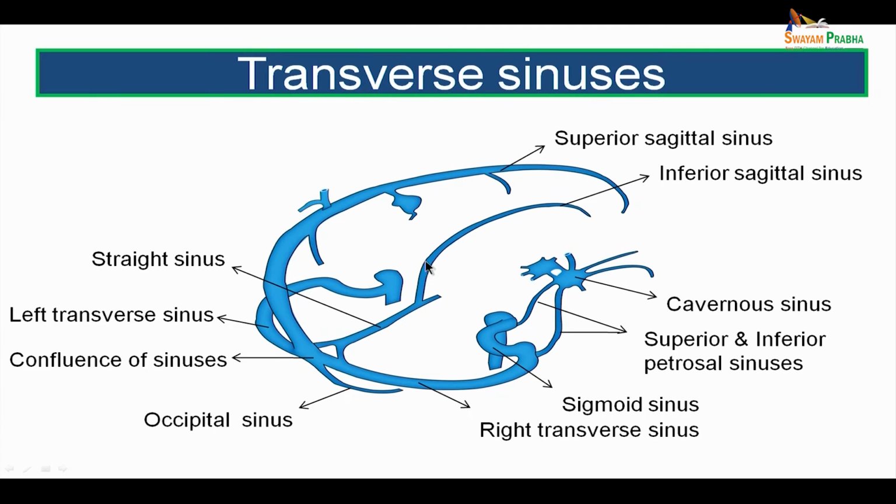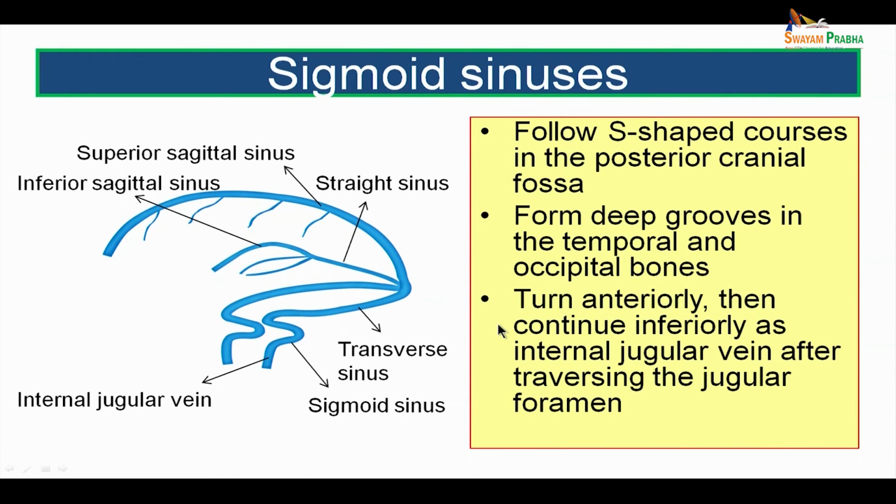This picture shows us the transverse sinuses. This is the confluence of sinuses, and this is the right transverse sinus and the left transverse sinus subsequently continuing as the S-shaped sigmoid sinus. We now go on to see the sigmoid sinuses. These follow the S-shaped course along the posterior cranial fossa.